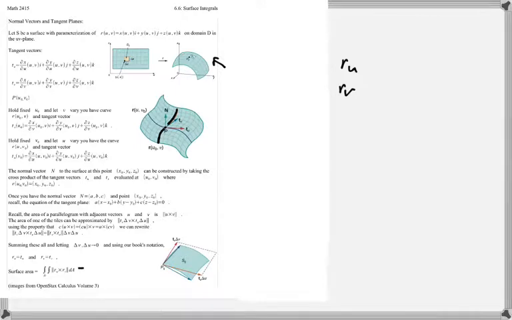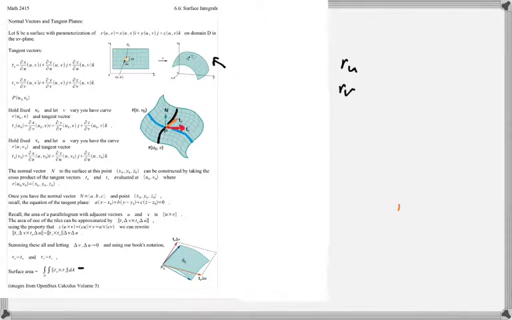If we take the derivative at that particular point, we get our tangent vector with respect to v. Then we do the same thing, holding v naught fixed, and we get the other piece of the wireframe, and we can find the tangent with respect to u there.